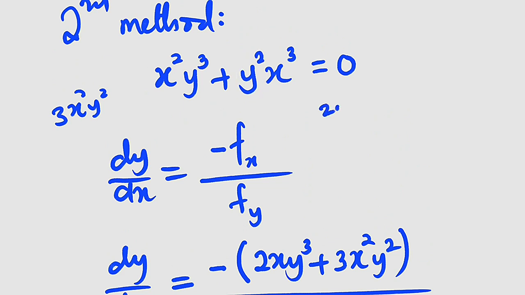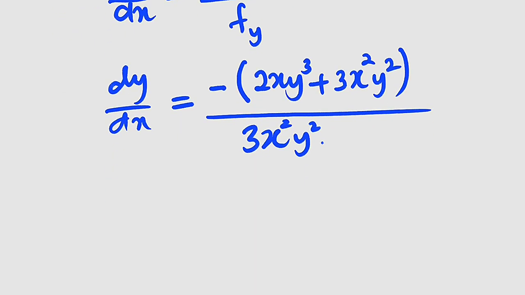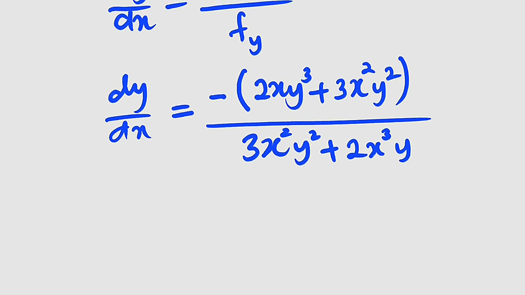It becomes what? 2y. Then you multiply by x cubed. That is 2x cubed y, plus 2x cubed y. I just like to write x before y, but it doesn't matter. Multiplication is commutative. All we have to do is to distribute this negative sign.